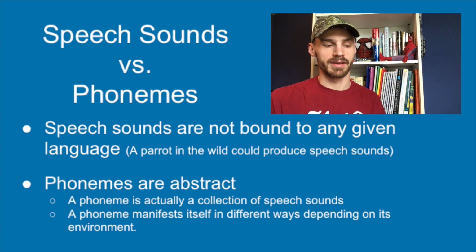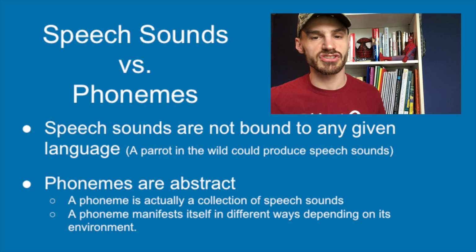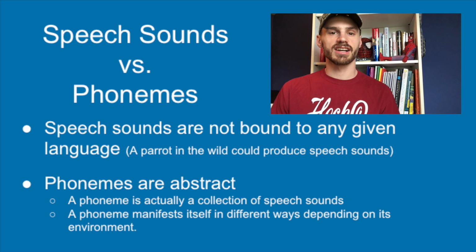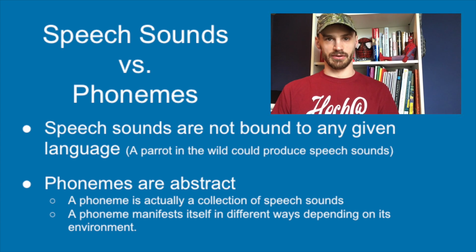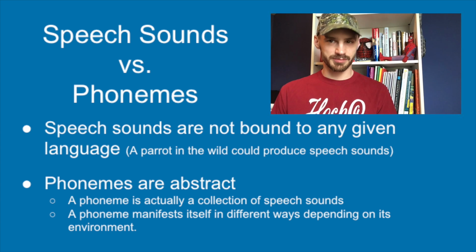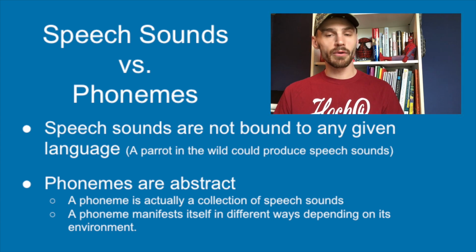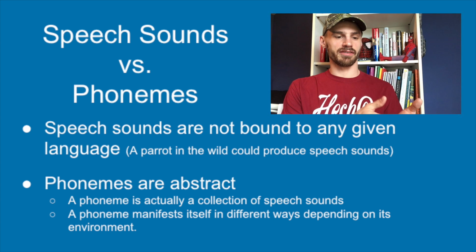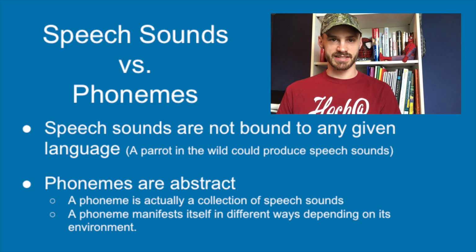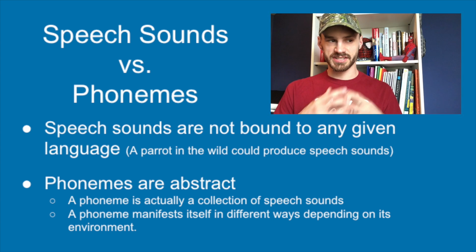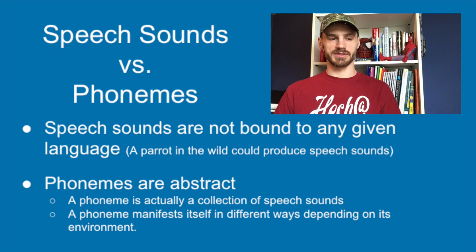A phoneme is abstract, okay? A phoneme is actually an abstract collection of speech sounds. We're going to explain that a little bit more, so don't worry if it doesn't make sense yet. But essentially, a phoneme can manifest itself in different ways depending on its environment.